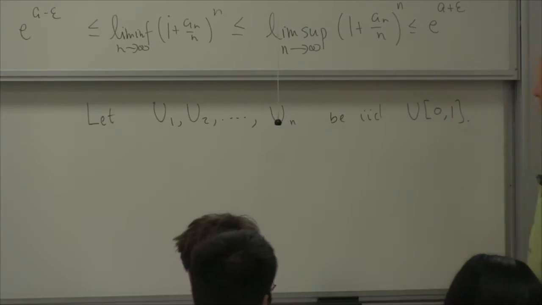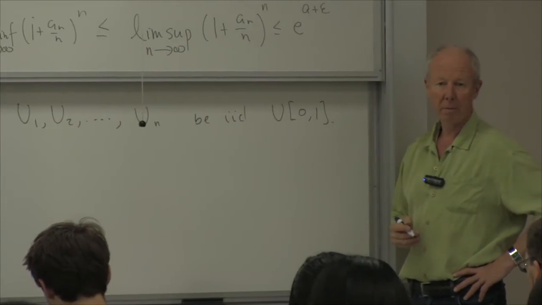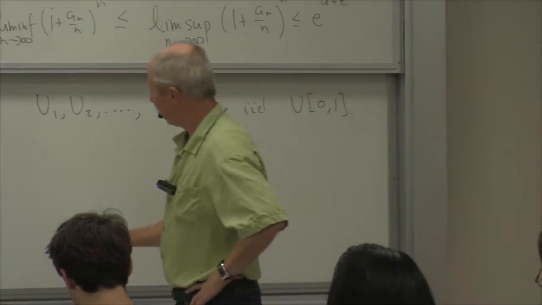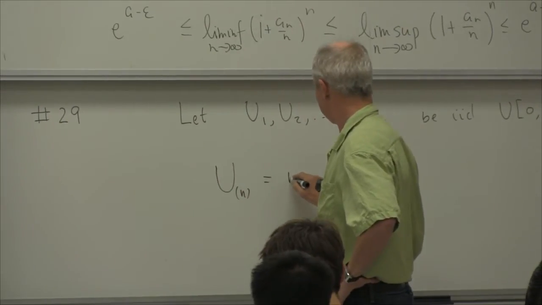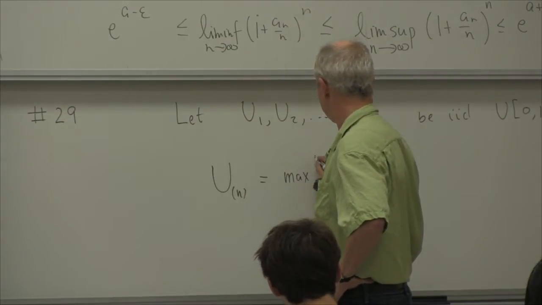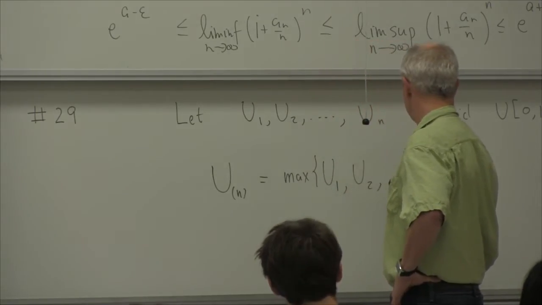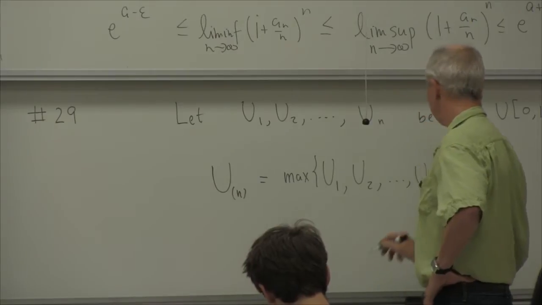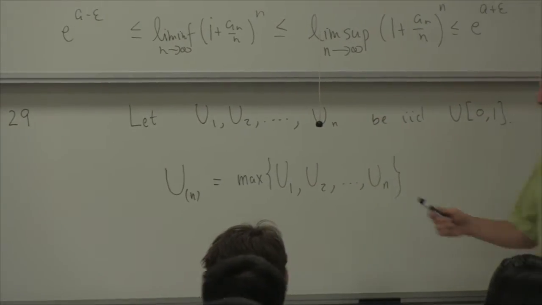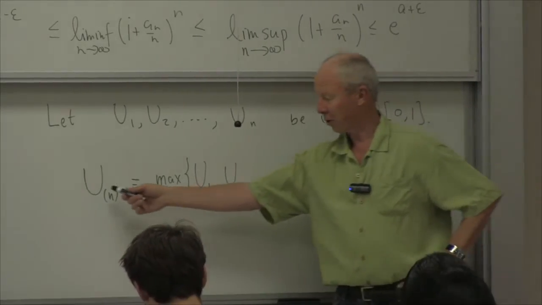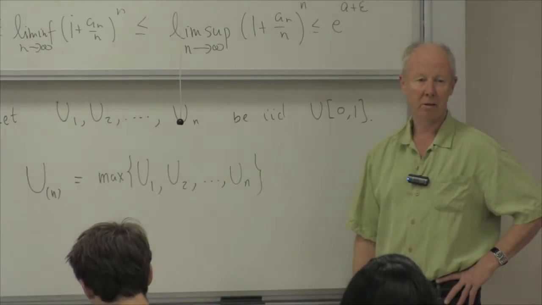So we take U1 through Un to be IID, uniformly distributed on the interval from 0 to 1. And then after you take your sample, you call the largest one that you see U sub (n). Okay, that's the max, the largest observation.